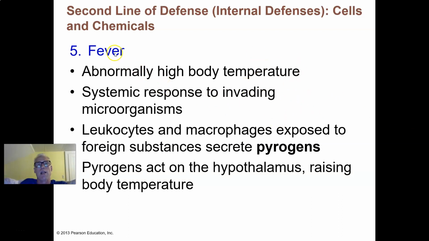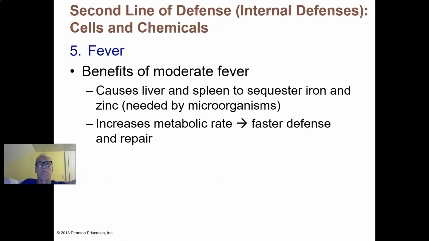So fever is an adaptation that helps drive the entire immune response and make it more effective. We don't want too high of a fever. There are detrimental effects to having too high of a fever, but when fevers are more modest, we tend to leave them alone and let them do their thing and help the immune system work at its most optimum efficiency.